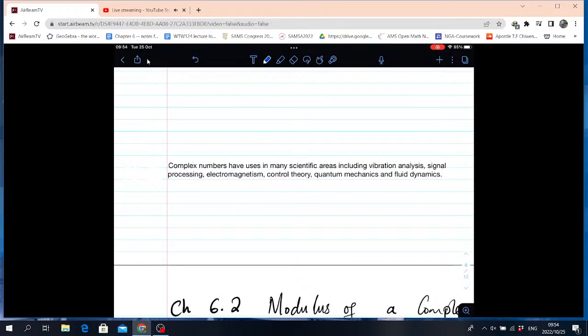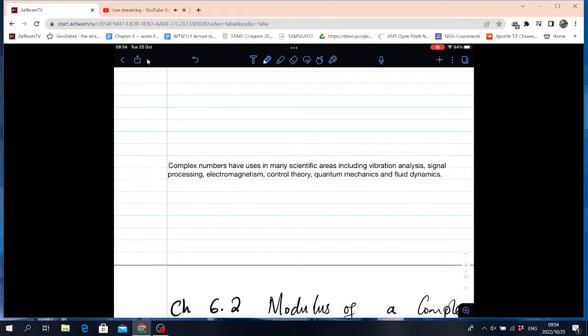Complex numbers have uses in many scientific areas, including vibration analysis, signal processing, electromagnetism, control theory, quantum mechanics, and fluid dynamics. And this is not an exhaustive list. You can go and find out more if you are interested to know some of the uses of complex numbers.